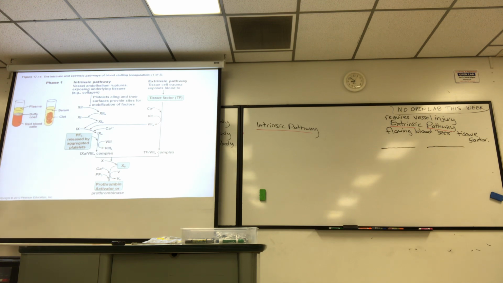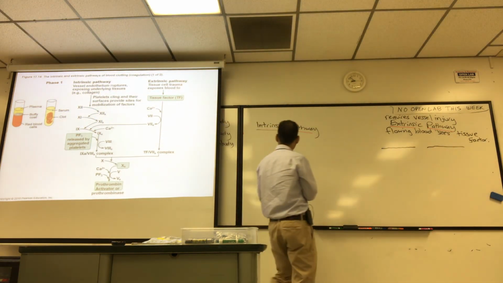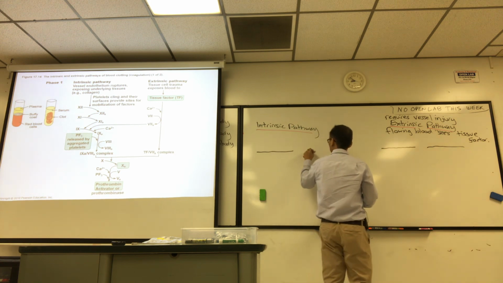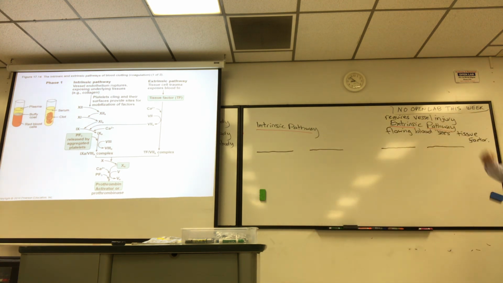All right, it happens intrinsically. It's a little bit slower, there are more steps. But in this example, let's say they're both happening as a result of vessel injury. So let me draw kind of a break in the vessel here too. Assume it's the same thing, but let's just separate them like they do in the figure.